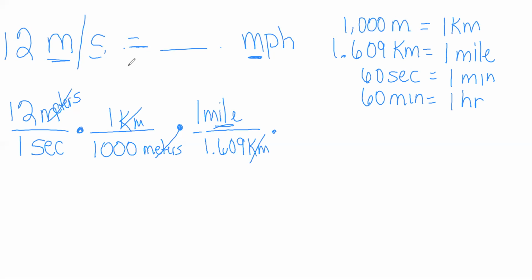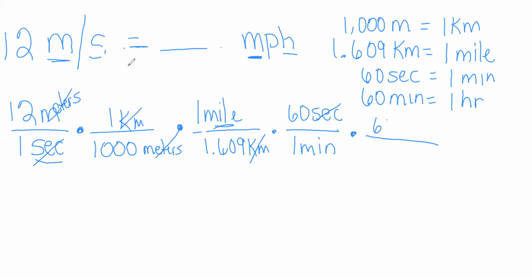Now we've got to work on the time. All right, so look, we have seconds over here, but we need to get to hours. So let's go ahead and get rid of those seconds. We said there are 60 seconds. We're going to put that on the top so we can cancel those out. And we said 60 seconds in every minute, but we don't want minutes, we want hours. So one more fraction.